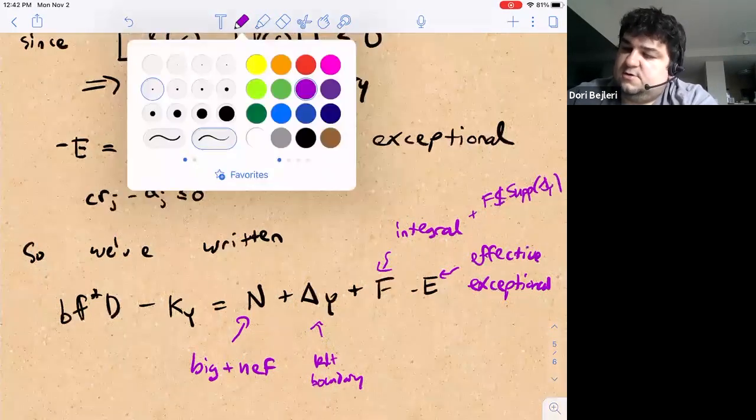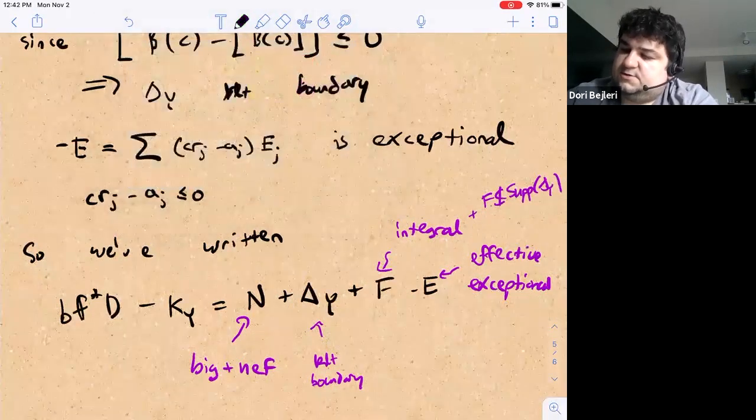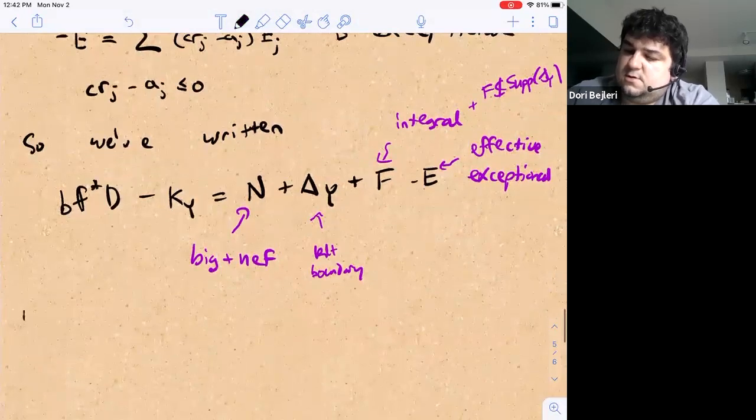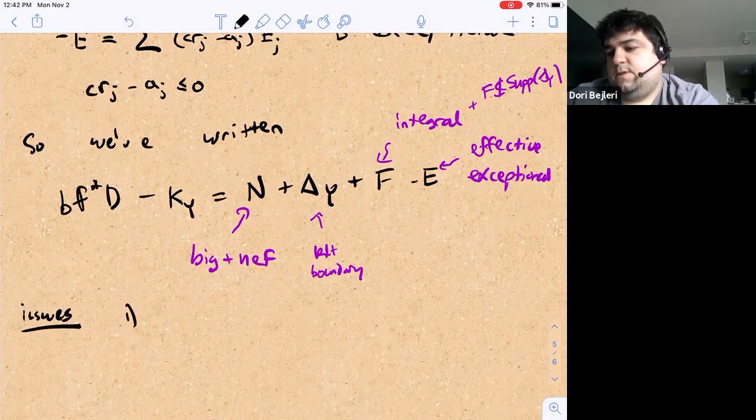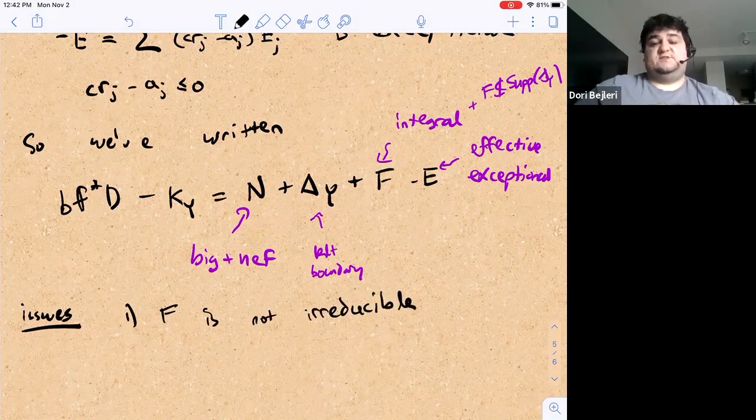But our two issues are that one, f is not irreducible. So in particular, f might have self-intersection. Well, it doesn't have self-intersection because everything's S and C, but it might be multiple components that intersect.